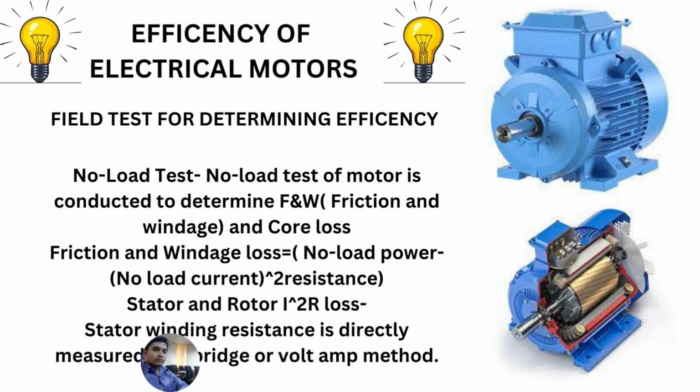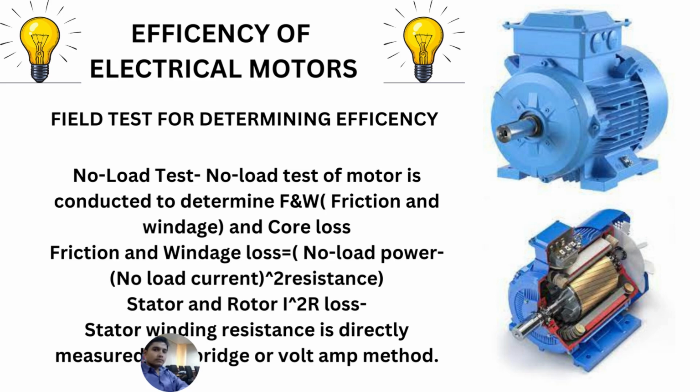Now let us discuss some of the field tests for determining efficiency of the motors. No load test. The no load test of the motor is considered to determine friction and windage and the core loss.